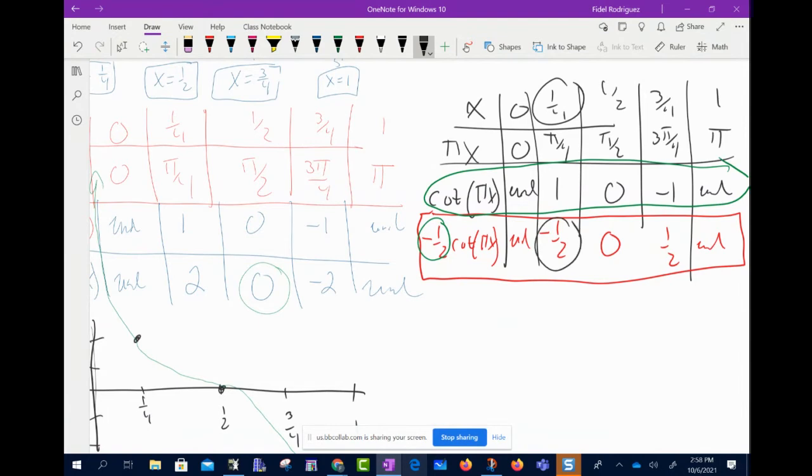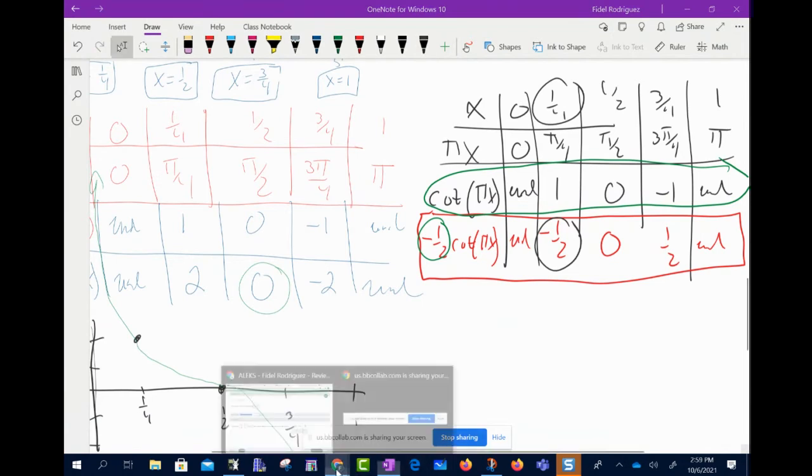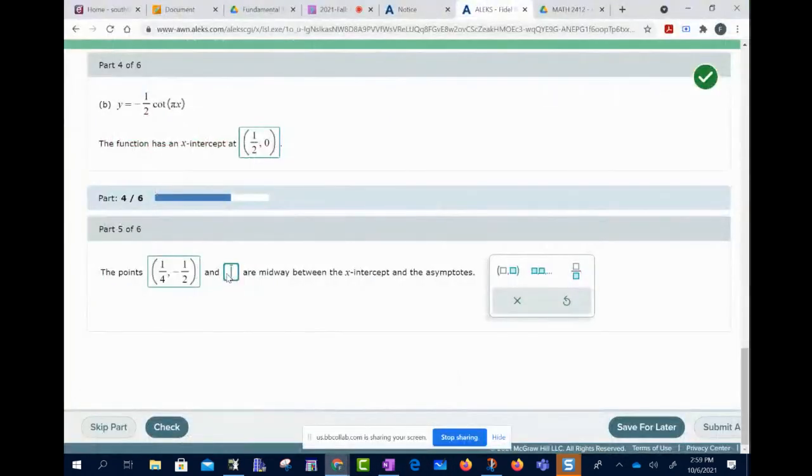There was a -1/2 in front of my cotangent. Yeah, now it's a -1/2. Okay, we're good. So 1/4 and -1/2, and then the other one is 3/4 and +1/2, right? So right here, I'm going to do the same thing. 3/4 and +1/2, very good. And we're going to go chickadee check. Boom.